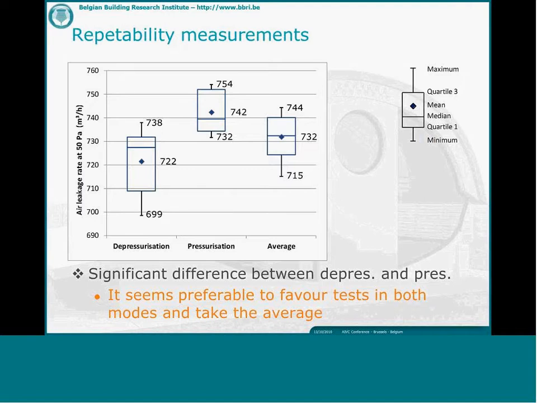Since in reality, under natural conditions, there are never buildings fully under depression or fully under pressure, it seems preferable to favor tests in both modes and take the average, to have something which is more representative of natural conditions.